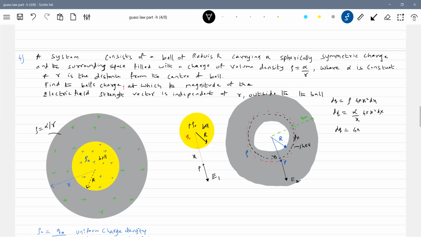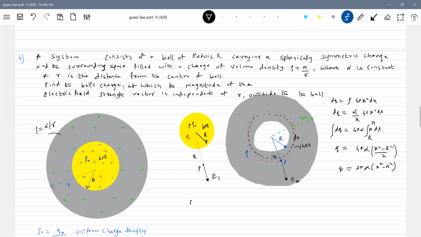Dq equal to 4 pi alpha x dx will come. So what is the charge enclosed? Charge enclosed should be equal to, from capital R to x, so this is Q naught, we'll take 4 pi alpha times x square minus r square by 2. Okay, this will become 2 pi alpha x square minus r square.